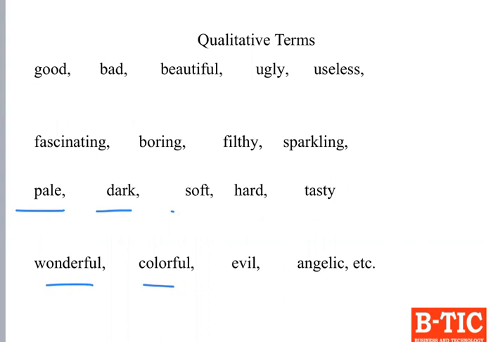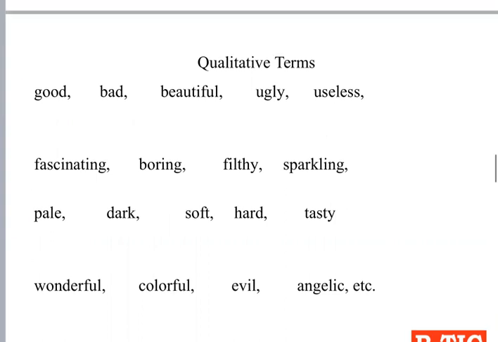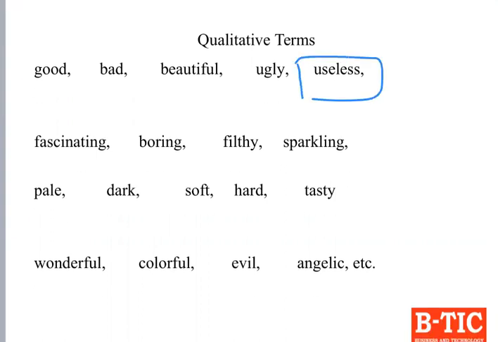These kinds of things are qualitative in nature. Let me simply tell you some examples. Useless. When I say useless, certain things that you throw to the street because you feel it's useless to you, that is very, very useful for some others. There are people on the streets to pick those.